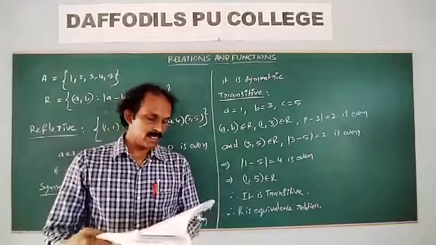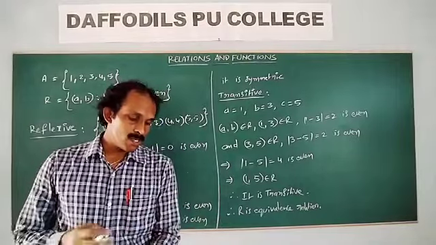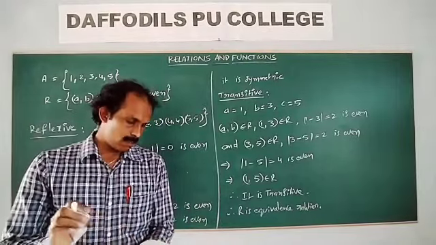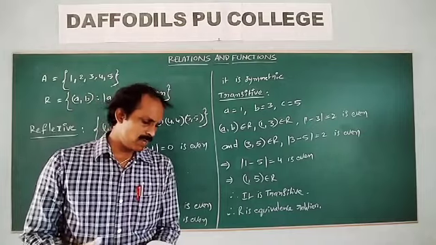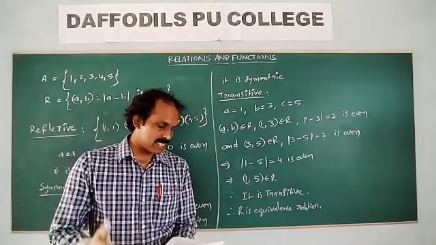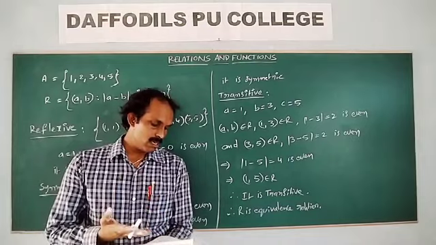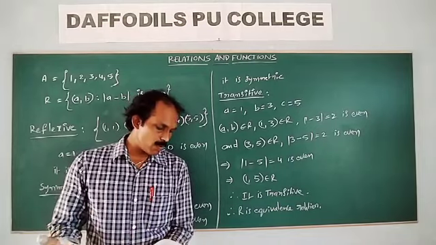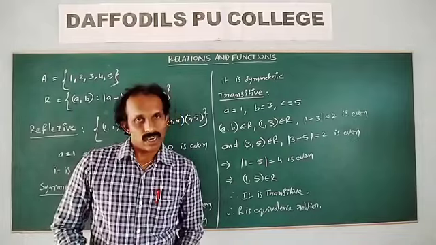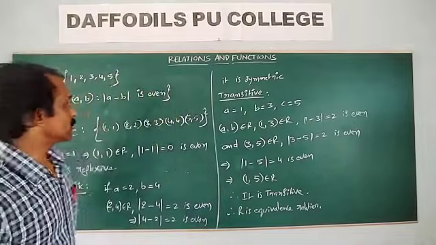Now, next, there is still a problem. Show that all the elements 1, 3, 5 are related to each other, and all the elements 2, 4 are related to each other. That case we will check.